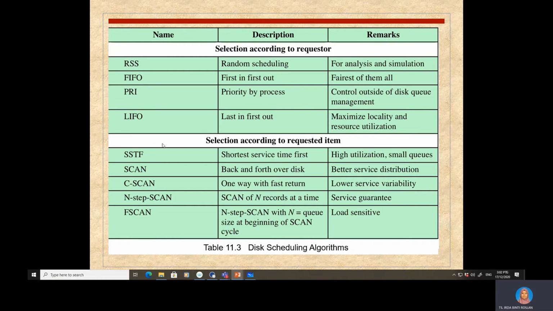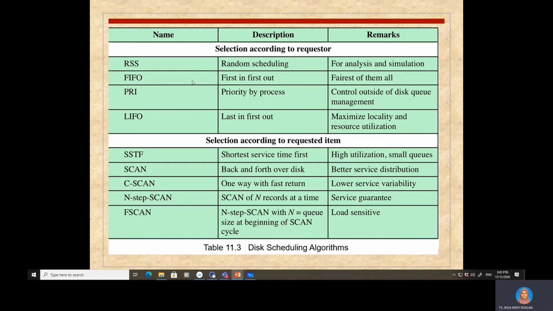I will point out a few here that we will discuss in this lecture. There are many, but I will not cover all of them. We can see here RSS, which is random scheduling for analysis and simulation.